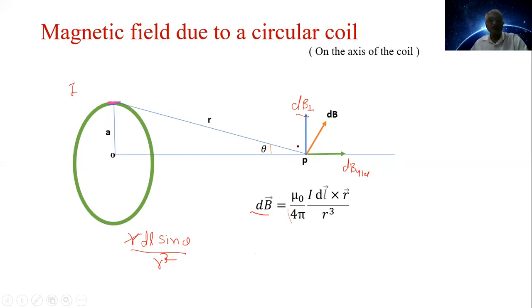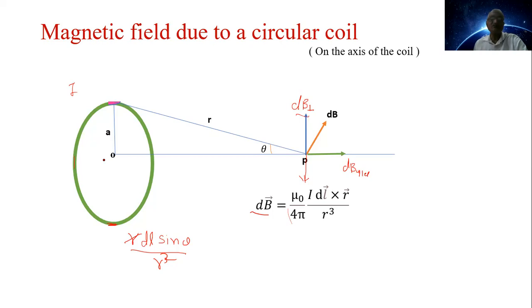We have the current length element, and similarly another current length element. The dB perpendicular produced by these elements are in this direction, and the dB perpendicular produced by the other current length element is in this direction. They are equal and opposite, and therefore they cancel each other.